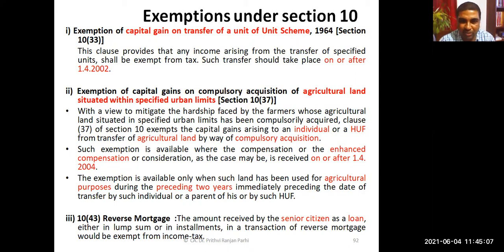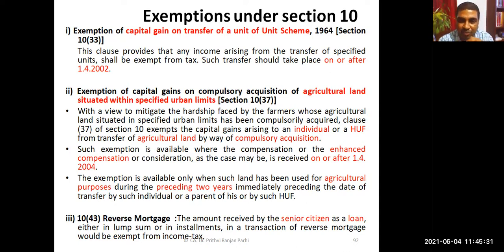I had explained the concept of reverse mortgage in some of our initial classes. Reverse mortgage is normally used by senior citizens. They reverse mortgage their asset, let us say house, land or building, to a bank, and the bank gives them money, either a lump sum or periodically, a pension kind of thing.